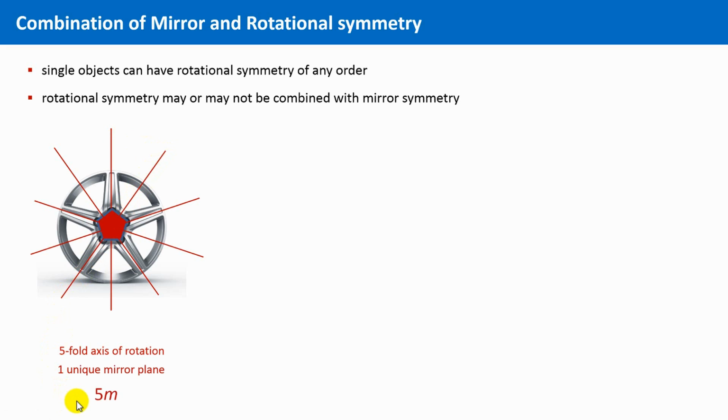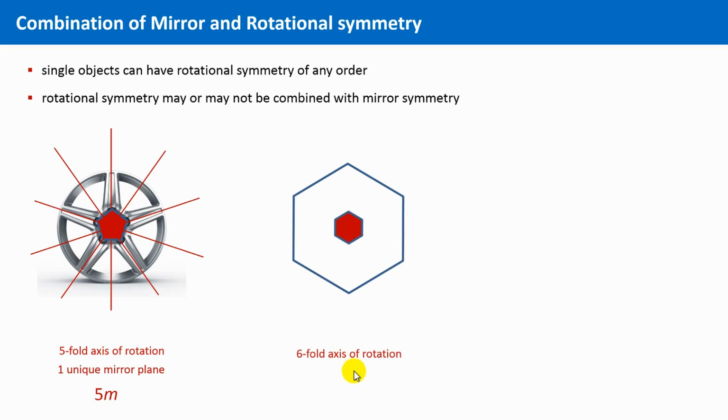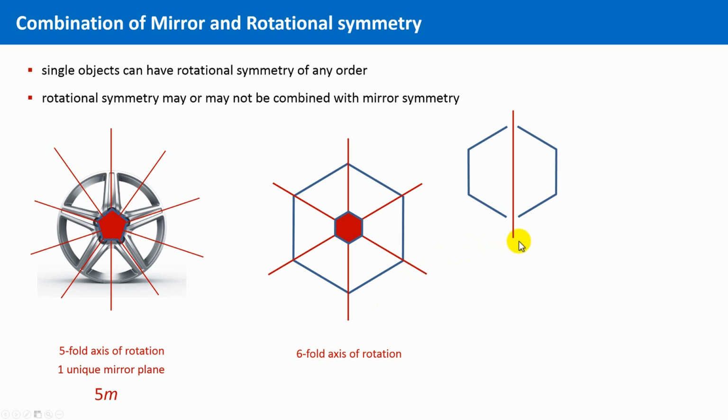Let's switch to another example. This simple hexagon. This hexagon has, of course, a 6-fold axis of rotation. So, how many unique mirror planes are there? These lines in red are all the same. Why? Because they divide the hexagon in every case in the same fragments, as shown here.